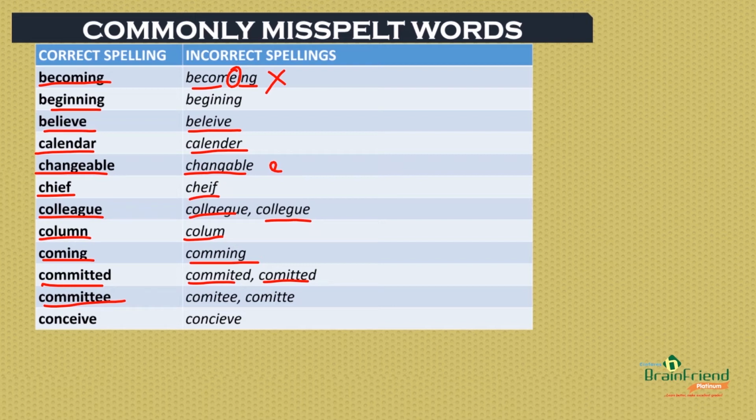Also, we have conceive, which is spelled as C-O-N-C-E-I-V-E, but it is wrongly spelled as C-O-N-C-I-E-V-E.